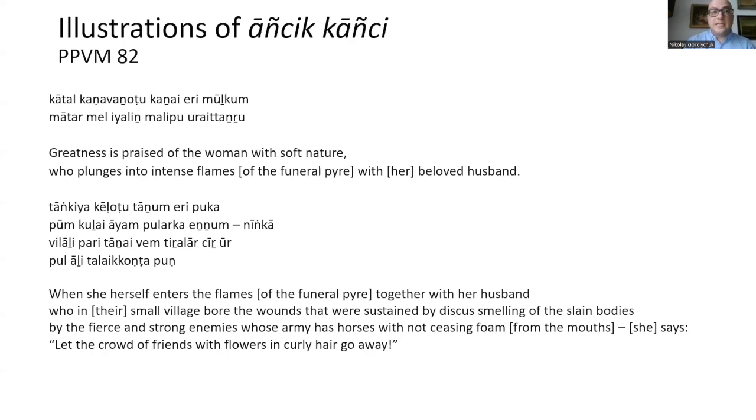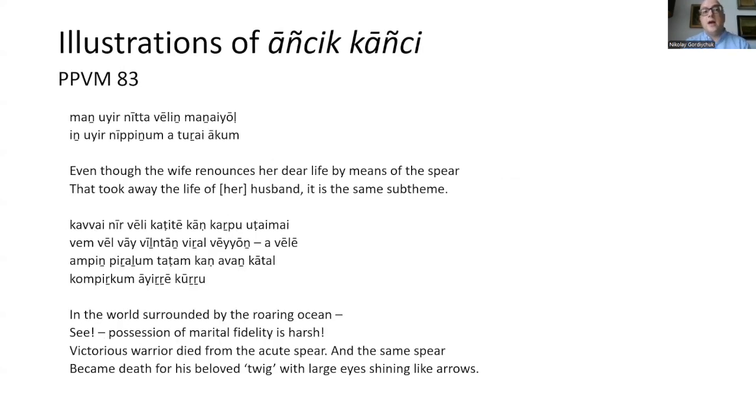And this is one example, and there is another example of Anji. The next poem says, even though the wife renounces her dear life, even if she renounces it by means of a spear that took away the life of her husband, it is still the same sub-theme.